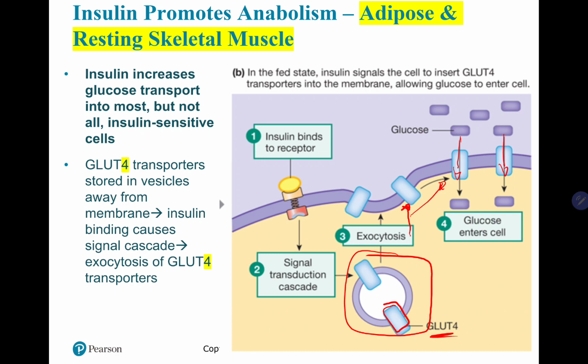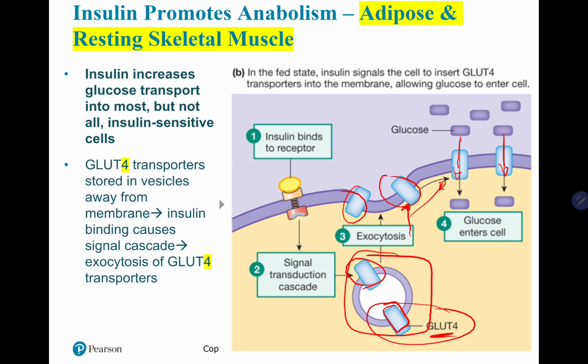Again, this is in adipose tissue and muscle tissue. As we see here, adipose tissue and resting skeletal muscle require insulin for glucose uptake. Without insulin, the GLUT4 transporters are withdrawn from the membrane and stored in cytoplasmic vesicles.